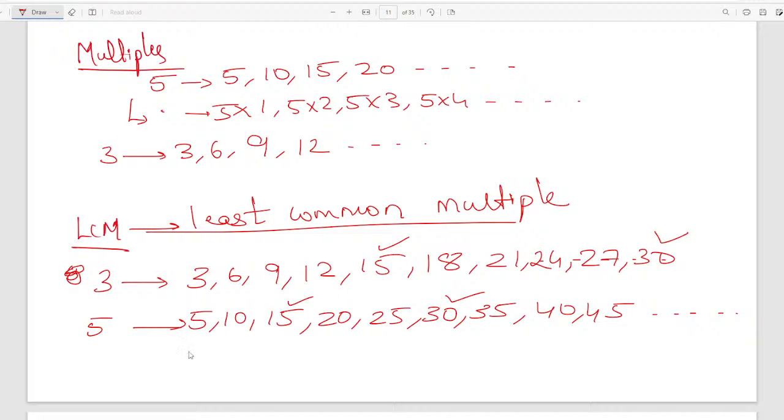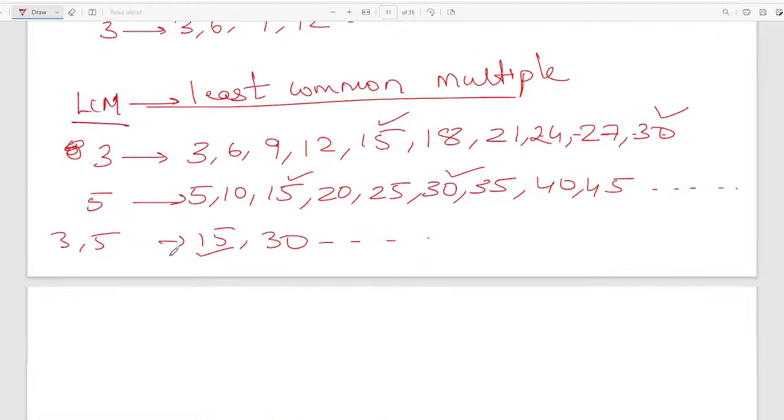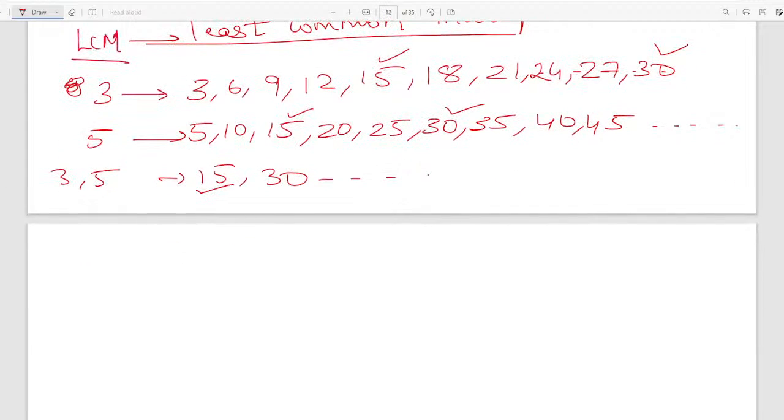Common multiples of 3 and 5 are 15 and 30, and so on. But the least common multiple is 15. So the LCM of 3 and 5 would be 15.